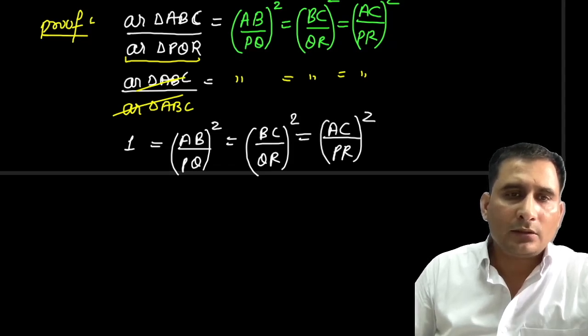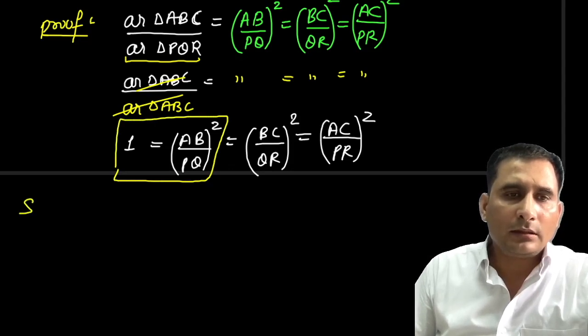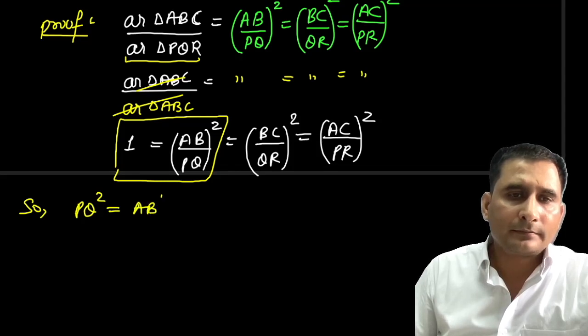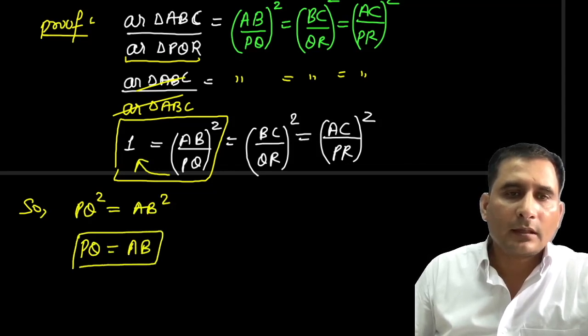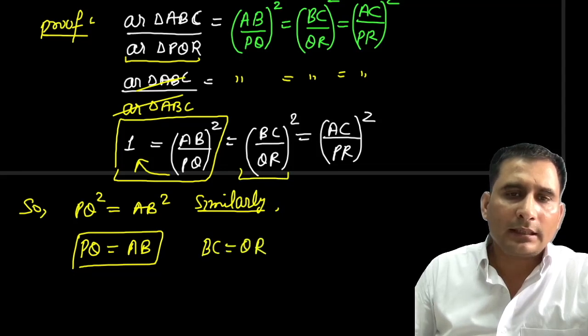So if I select these two only, अगर इन दोनों को लूं मैं, तो यहां से मैं क्या लिखूंगा? So I can write PQ square is equal to AB square. If I shift this PQ square on this side, so from here I can get PQ equal to AB, right? Similarly from here what I got, यहाँ से क्या मिलेगा मुझे?